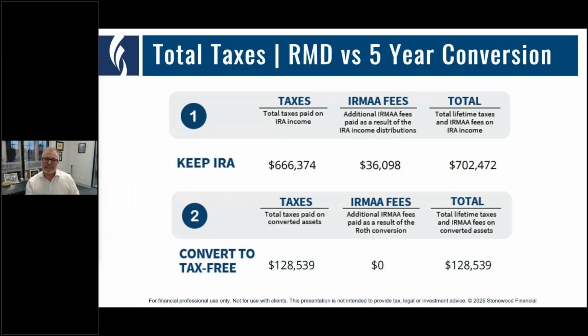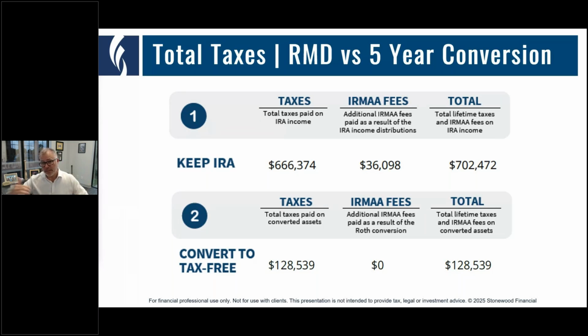So the total taxes and IRMAA that they'd have to pay just on that $500,000 would be over $700,000 over their lifetime. Now, if we go through the Roth conversion process, good news. Hey, we can get out the door for 128 on the taxes, and we can do so before IRMAA becomes an issue.